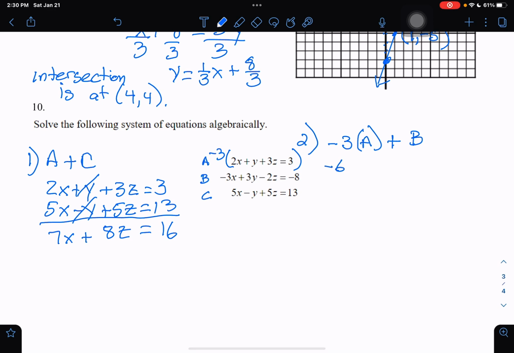So I have negative 6 minus 3y minus 9z is equal to negative 3 times 3, which is negative 9. Okay, and I have B, and this is an x here.